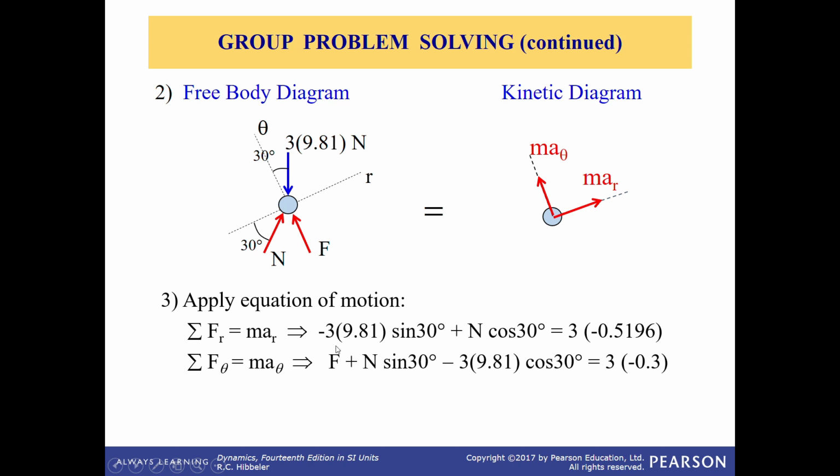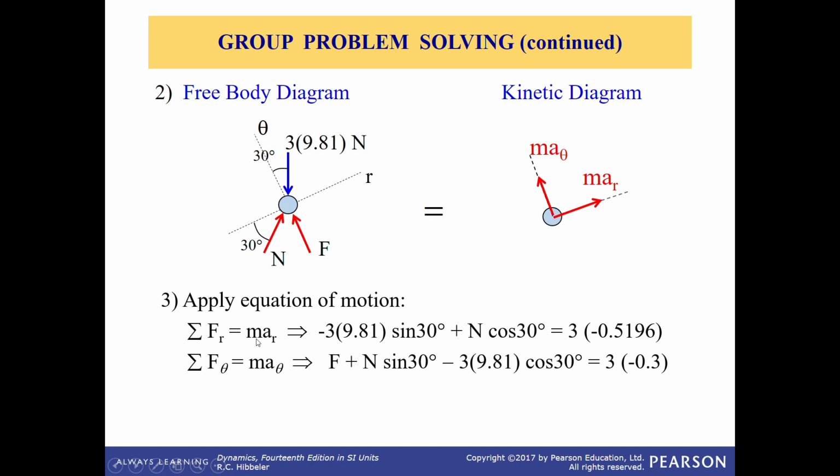That's why we say negative. If you resolve with respect to this angle, 30 degrees, plus N cos 30 degrees. Resolving this in this direction, you will have a positive value. That's why I put that as positive N cos 30.